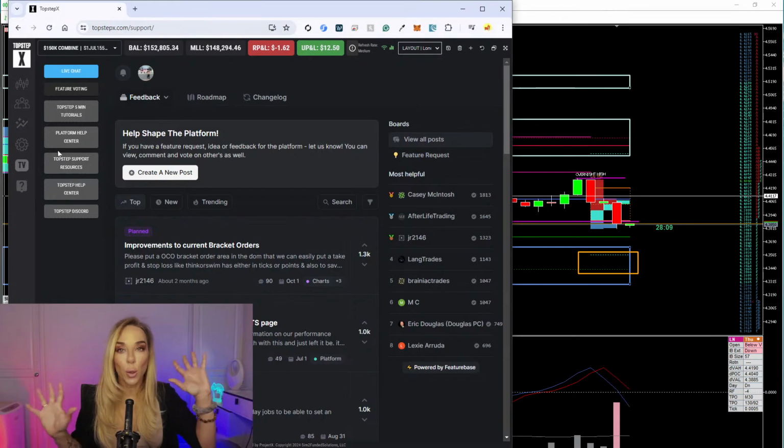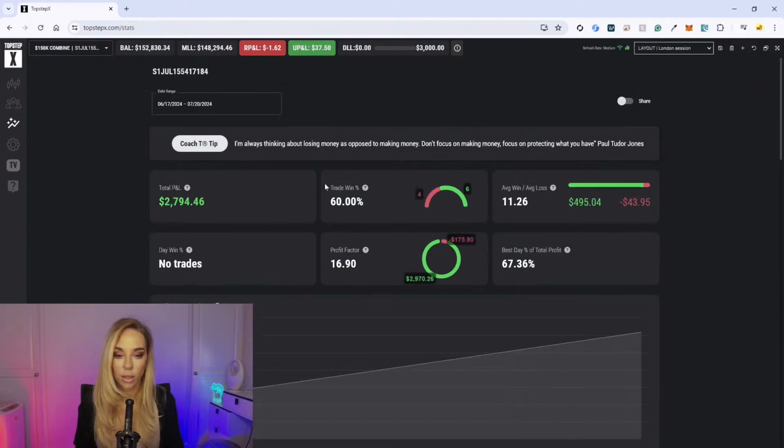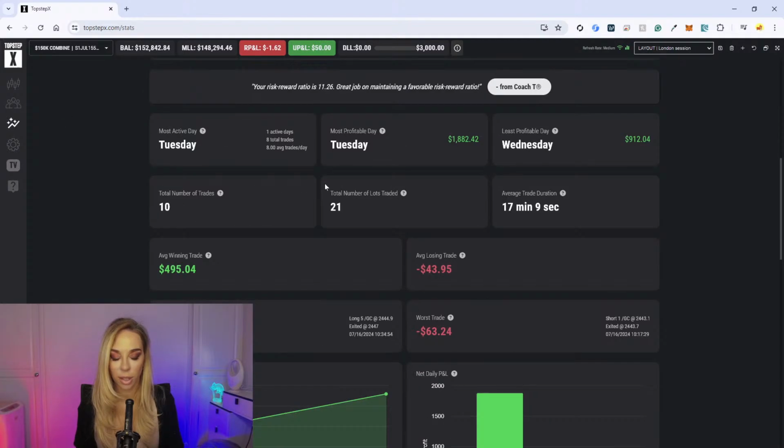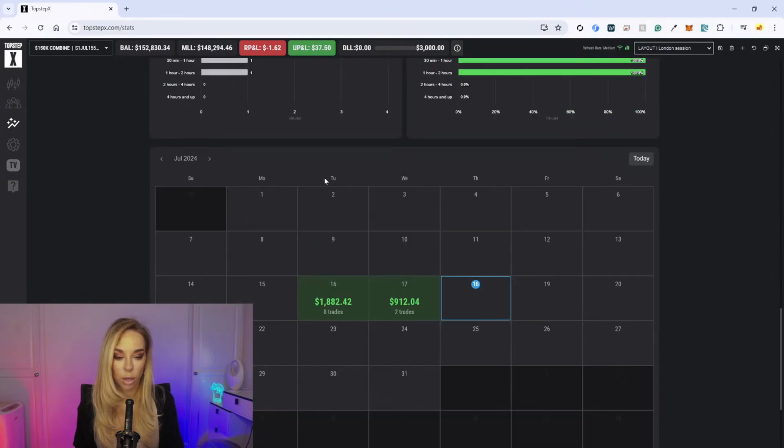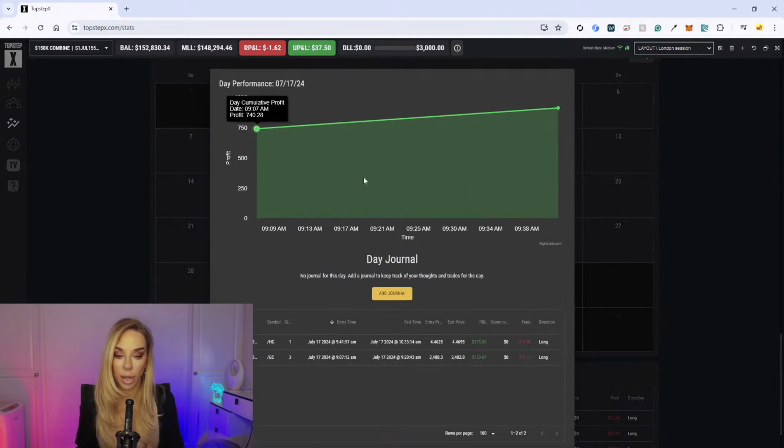Now, for the big news, massive news. Yesterday, a few of you were asking about the journaling in Topstep. Well, I'm very pleased to announce that the journaling feature is now live in Topstep. If you go to your days when you've traded, you can click into the day and then add a journal.